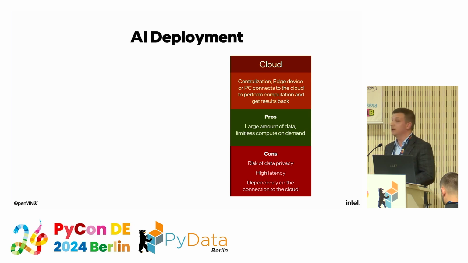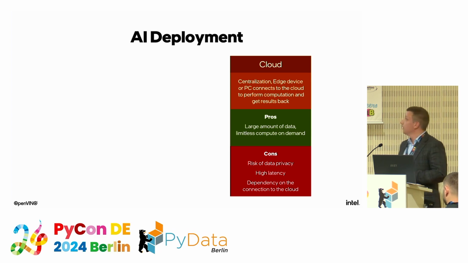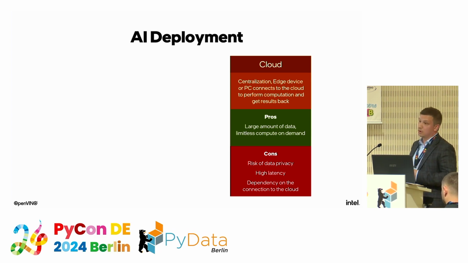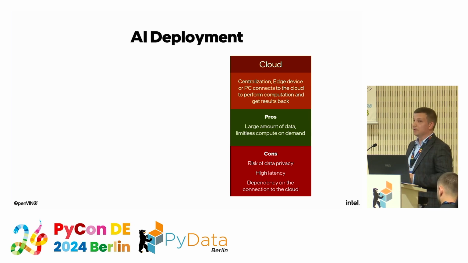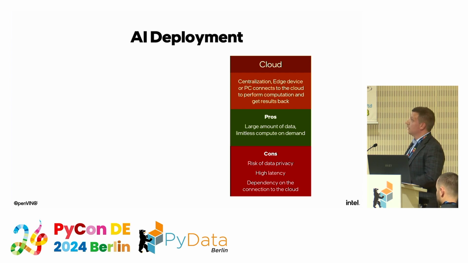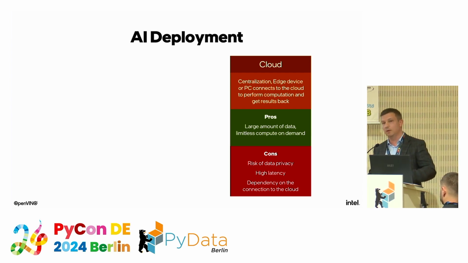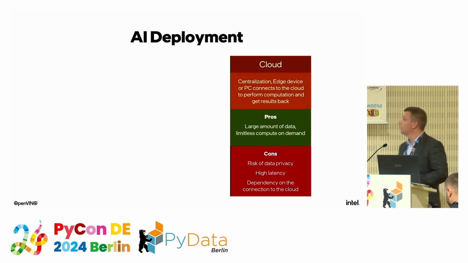There is a risk to data privacy, for example. It's totally okay to put some of your own data there, but if you work for a company, you cannot simply share corporate data. High latency can also be a problem, as it takes time for the round trip to get the results from the cloud.